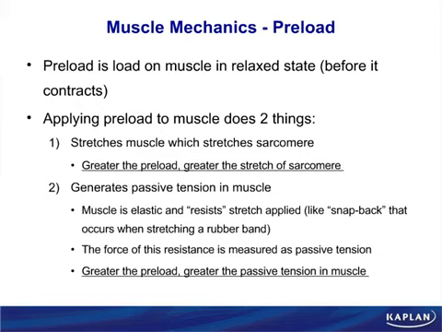Muscle is very similar. So again, preload is the load on the muscle before it contracts. It stretches the sarcomere, and because of the elasticity of the muscle, it will generate a passive tension. We'll show this graphically in just a moment.